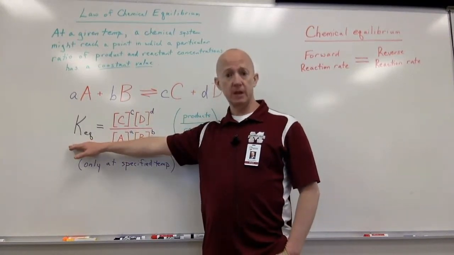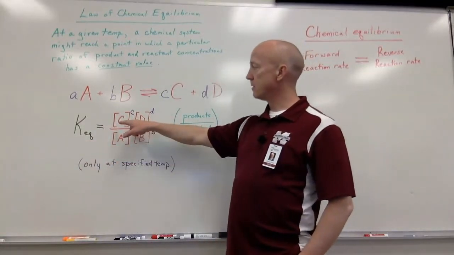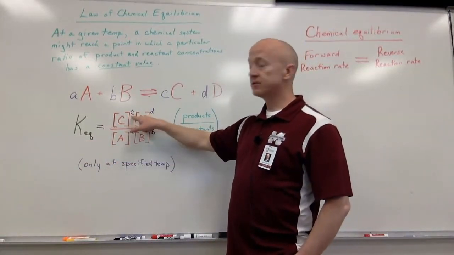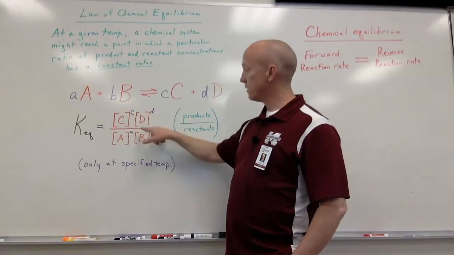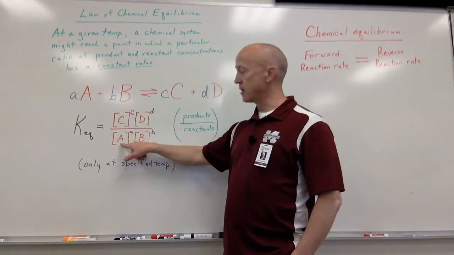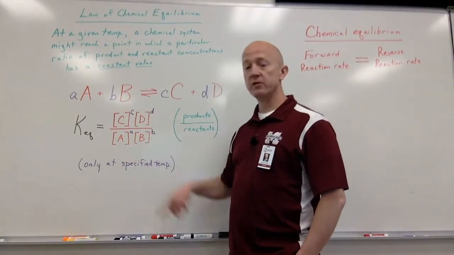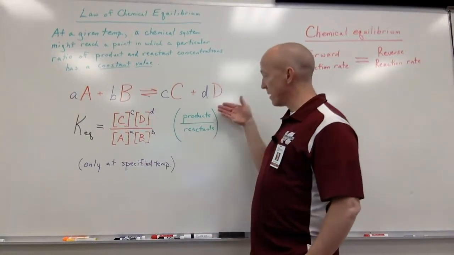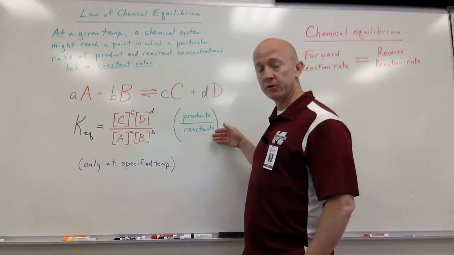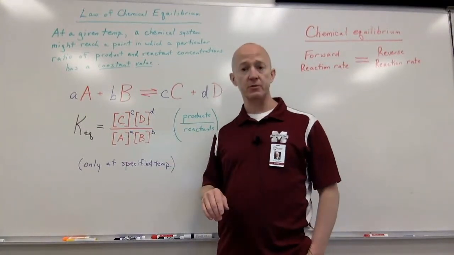The K value, the equilibrium constant value of this reaction, would be the concentration of C to the little c power times the concentration of D to the little d power over the concentration of A to the little a power times the concentration of B to the little b power. Remember, products always over reactants, and only at a specified temperature.